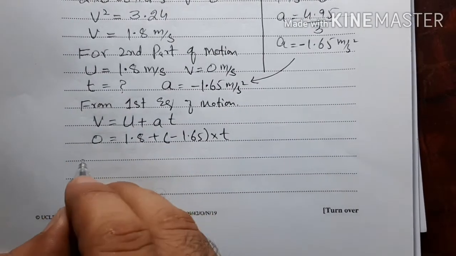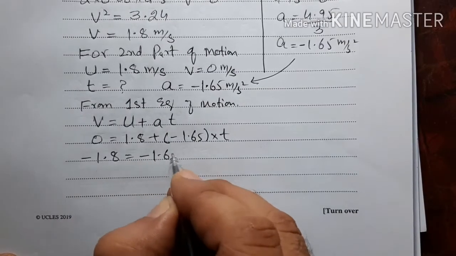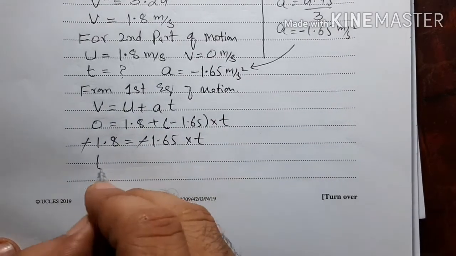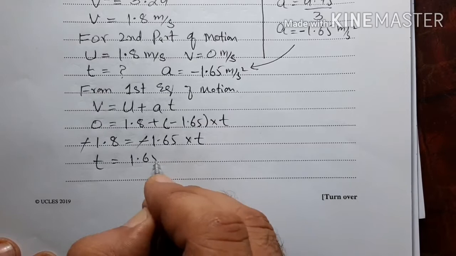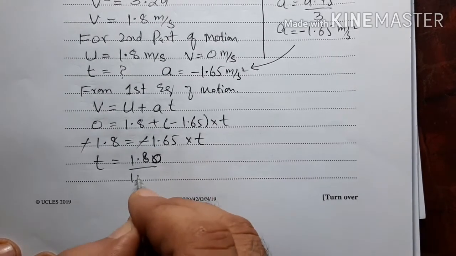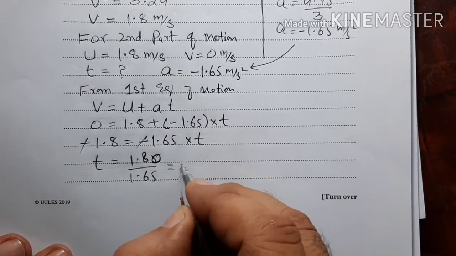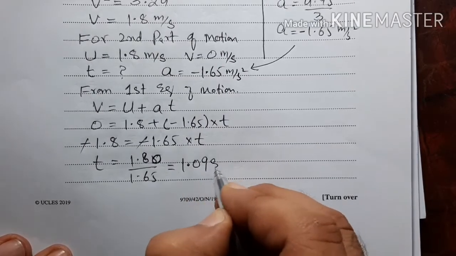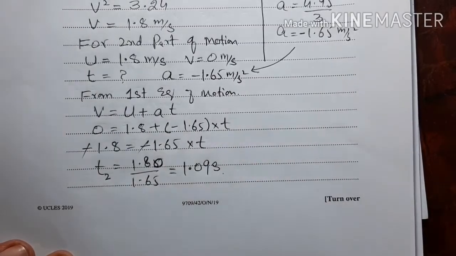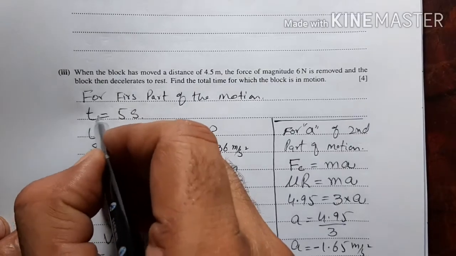So take 1.8 to the other side: minus 1.8 is equal to minus 1.65 into t. Minus cancels with minus, so t will be 1.80 over 1.65, which is 1.09 seconds. This is T2, the time for the second part of the journey. This is the time for the first part of the journey.